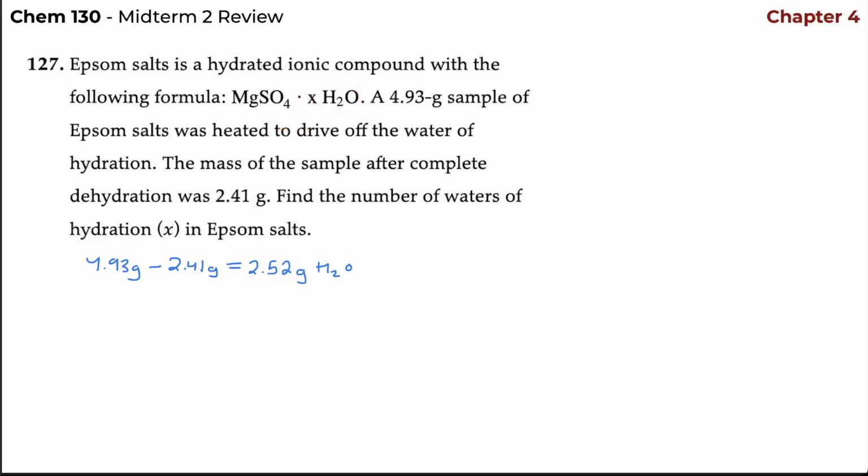To do anything with ratios, again, we have to convert from mass to how many moles of each there are. So again, we're going to use atomic mass for MgSO4. What we're going to do is take 1 times an Mg atom, which is 24.31 grams per mole.